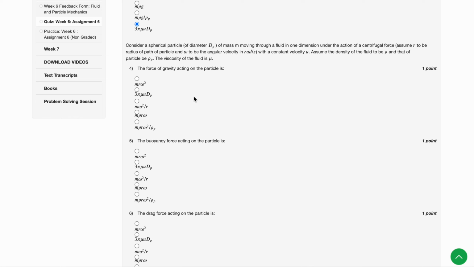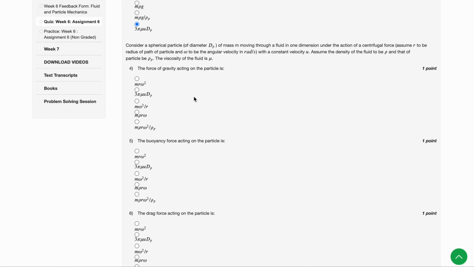Fine. So this blue line is the path of the particle. Okay, and this is the center, and this black is the particle which is moving.